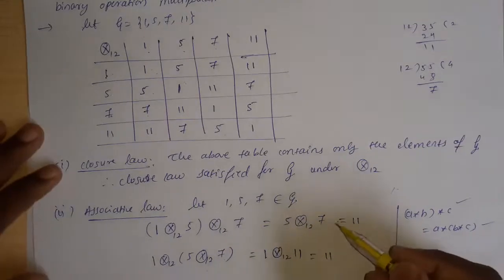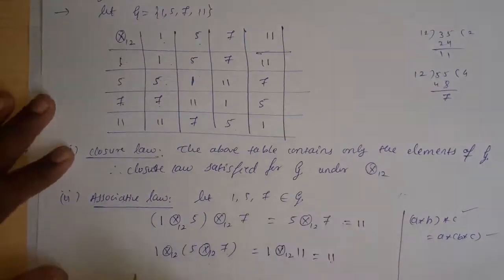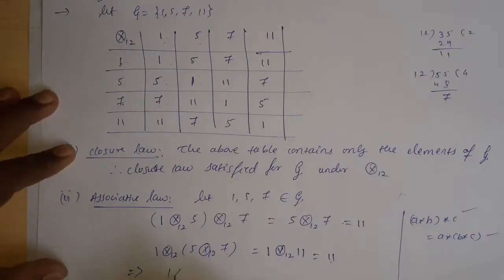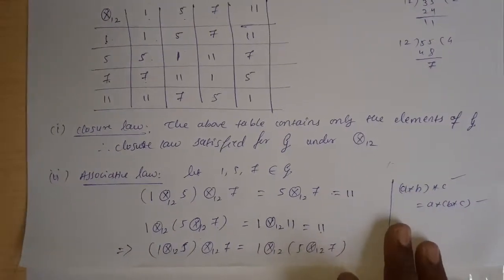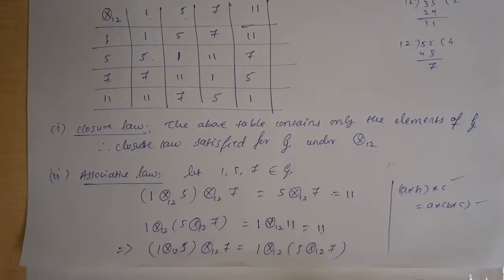Therefore LHS and RHS are both equal. It implies that (1 multiplication modulo 12 5) multiplication modulo 12 7 equals 1 multiplication modulo 12 (5 multiplication modulo 12 7). This is the associative property, LHS equals RHS, hence associative law is satisfied for the given set G under the binary operation multiplication modulo 12.